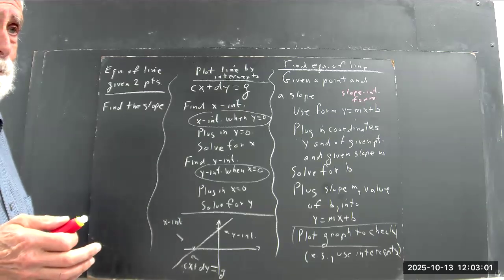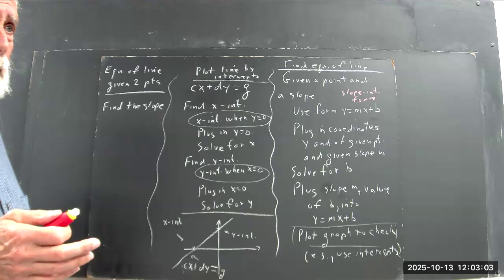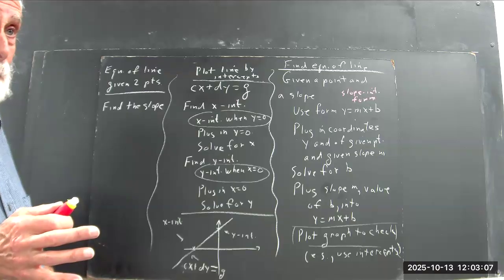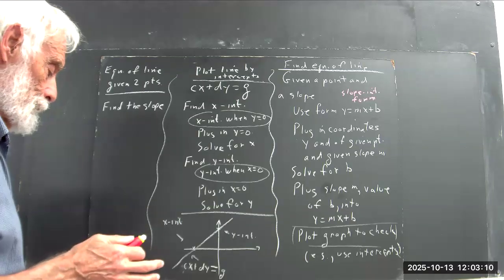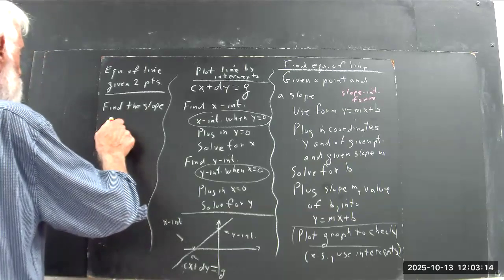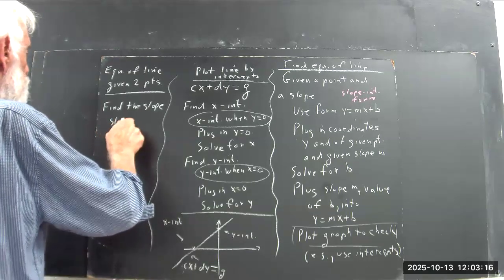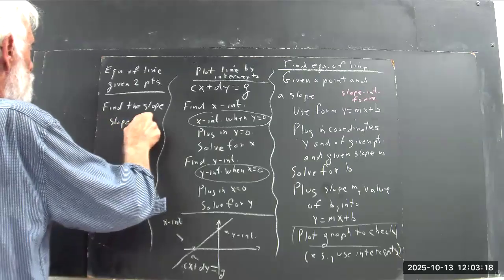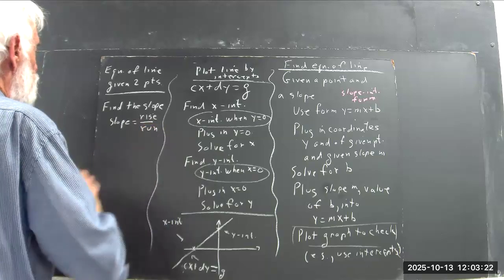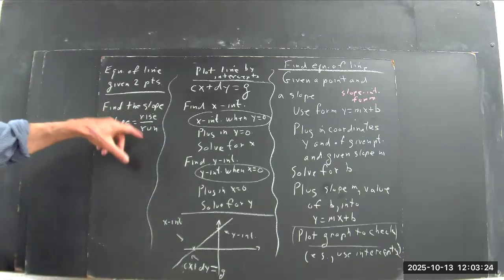Yes or no? Recognize fundamental triangles? Okay, probably didn't then. But anyhow, you find the slope. Slope is rise divided by run.